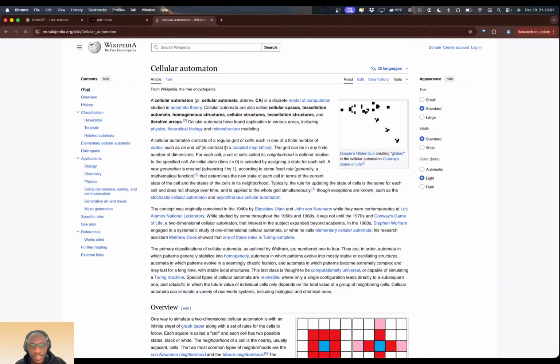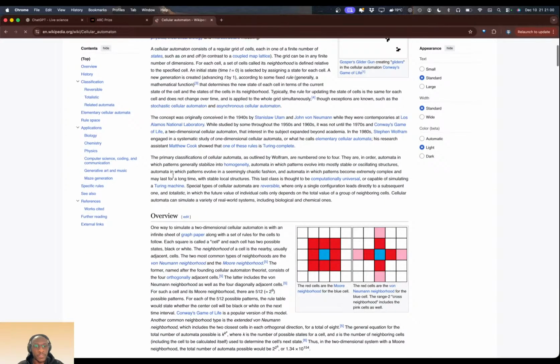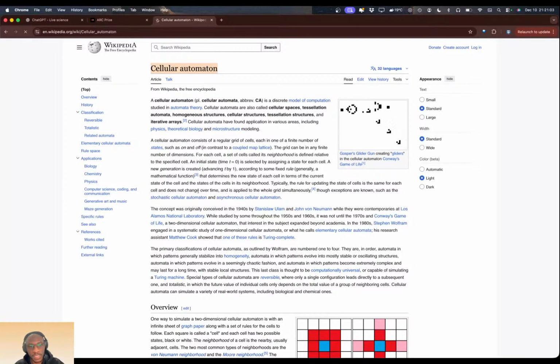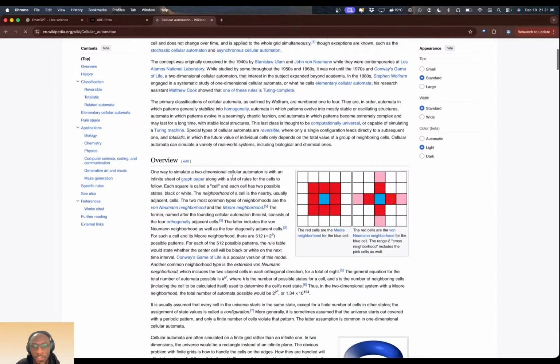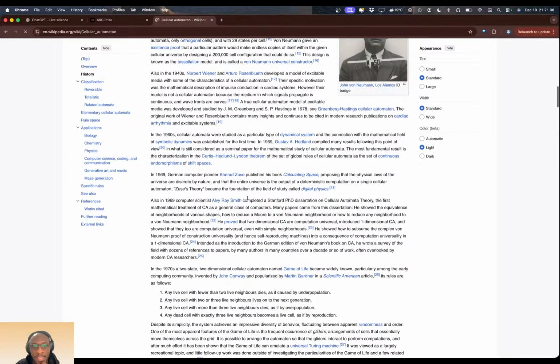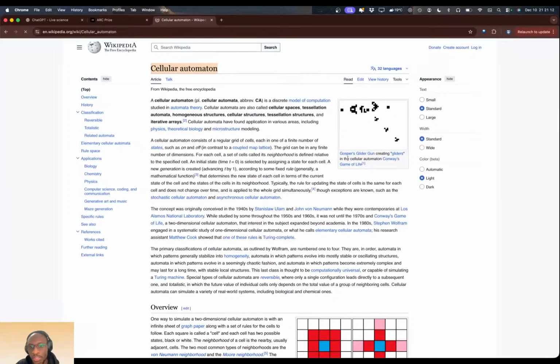We can also discuss this once we have a very stable system that can run in any environment. But for those who are not familiar with CA, you can read about cellular automata, what they are, where they originated, and also check out the Game of Life.